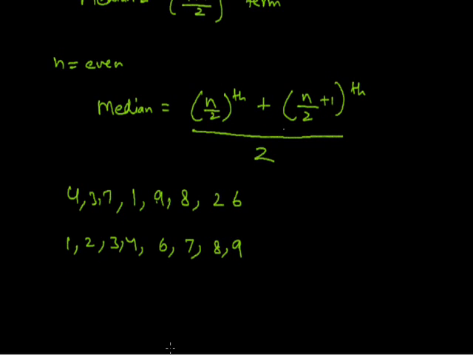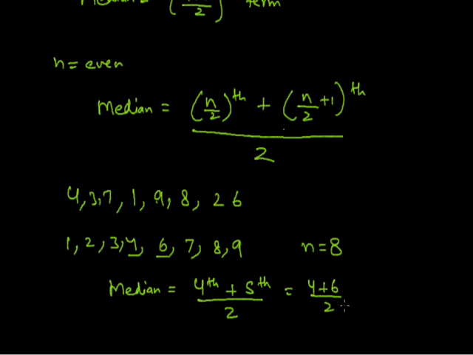I have arranged these 8 observations in ascending order, and now my median will be the n by 2 observation, where n is equal to 8. So the n by 2, that is the fourth observation, plus the (n by 2 plus 1), that is the fifth observation, divided by 2, will give us the median. The fourth observation here is 4 and the fifth observation is 6. So that is (4 plus 6) by 2, that is 10 by 2, which is 5.